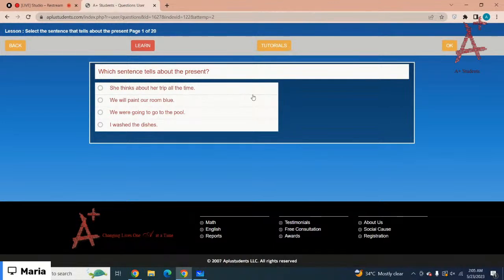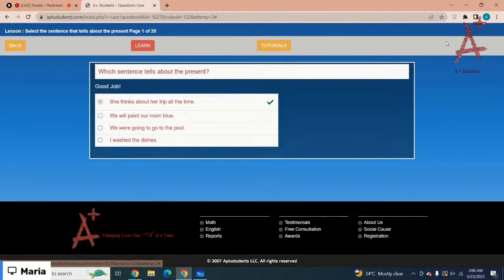So the first sentence is in the present tense. She thinks, you have an s with the verb. In the second you have will, that would be the future tense, and the third and fourth are past tense. So option 1 is the correct option.